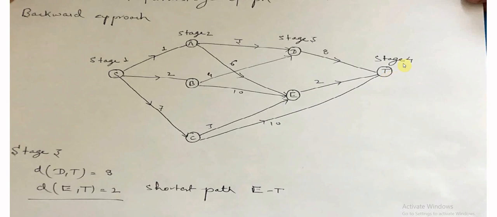Whereas the vertex T of stage 4 is a sink vertex or a destination vertex, which is a vertex in a multi-stage graph whose out degree is exactly 0, as it is quite evident from this particular diagram. Whereas the remaining 5 vertices are the intermediate vertices A, B, C, D and E, and in this particular graph we have to simply trace the shortest path from vertex S of stage 1 to vertex T of stage 4, that is the sink vertex. That is, we are supposed to find the shortest path from source to sink.